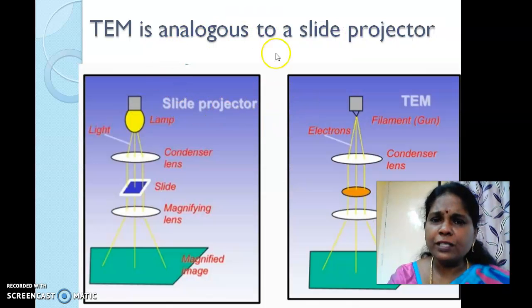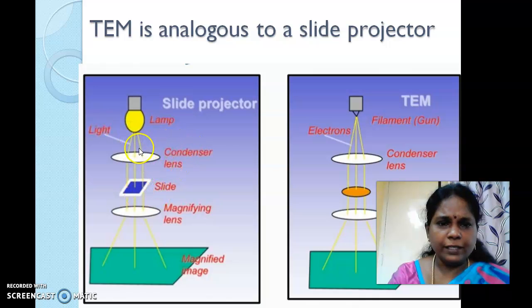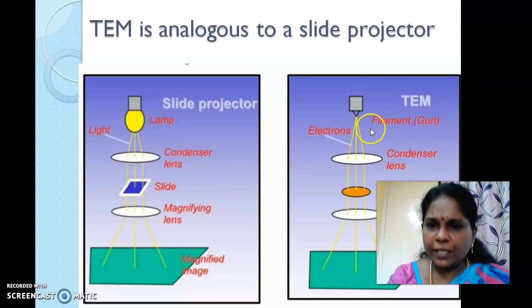It works similar to a slide projector, where the slide is well illuminated and collimated by a lens. The light falls on the slide, and the image is magnified by a magnifying lens and projected. Similarly, in the electron microscope, electrons come from the electron gun and are condensed by the condenser lens.